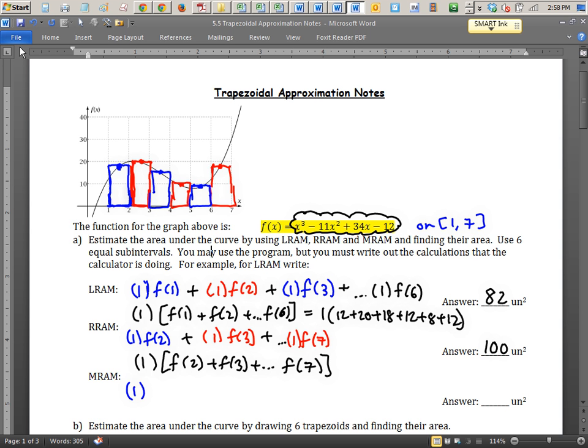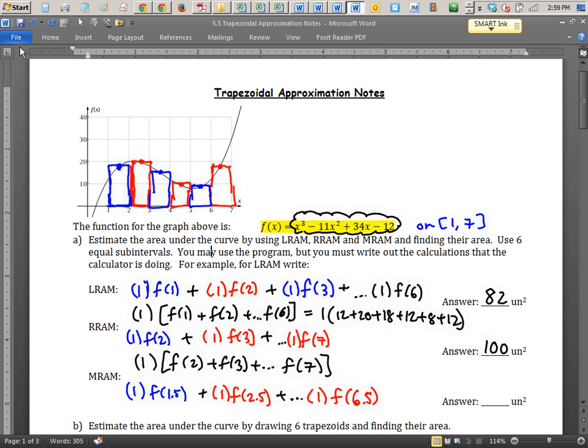The width is still 1, but the height is f of 1.5, and then it goes plus, and then for the second rectangle, base 1, f of 2.5, the last rectangle being when you reach f of 6.5. So the last one is f of 6.5. That's going to be a red rectangle, so 1 times f of 6.5.